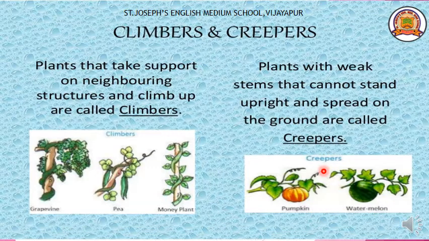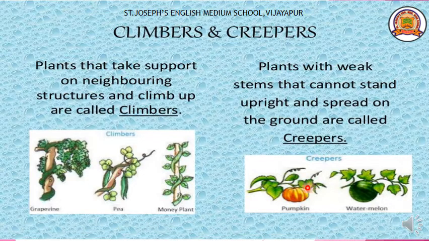Plants that take support on the neighboring structure and climb up are called climbers. Plants with a weak stem that cannot stand upright, they have such a weak stem, so they spread on the ground and are called creepers. Though they have a very weak stem, they bear large fruit like pumpkin and watermelon.